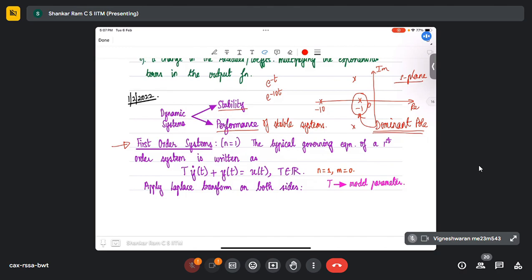That's why we are going to specify performance by considering their response. Point number one. And the second point is, if you look at the standard inputs, right? So what are the 4 standard inputs that we studied?